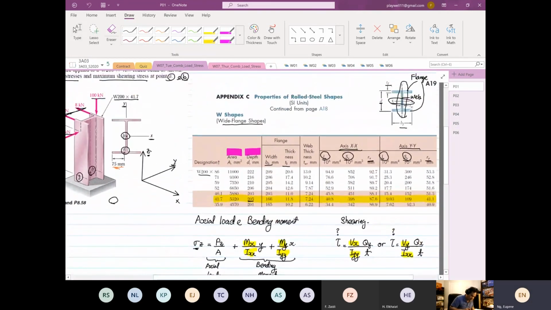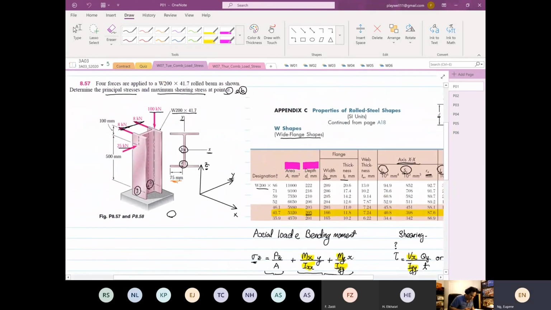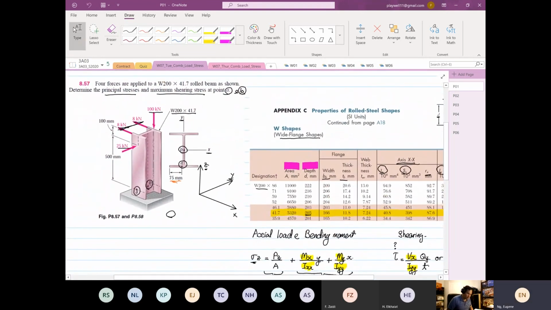This structure has four different forces and a very specific cross section that was selected, and now we're going to find what the stresses are acting on this element at position A and at position B.